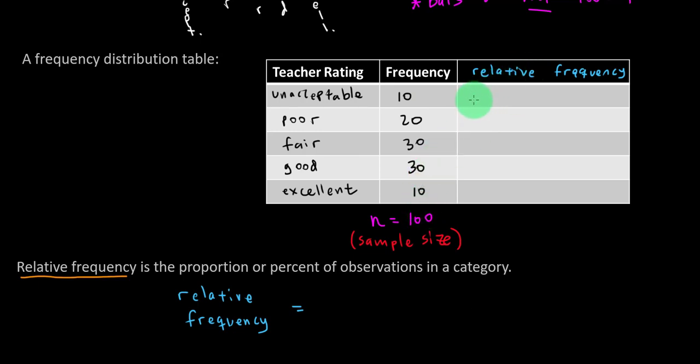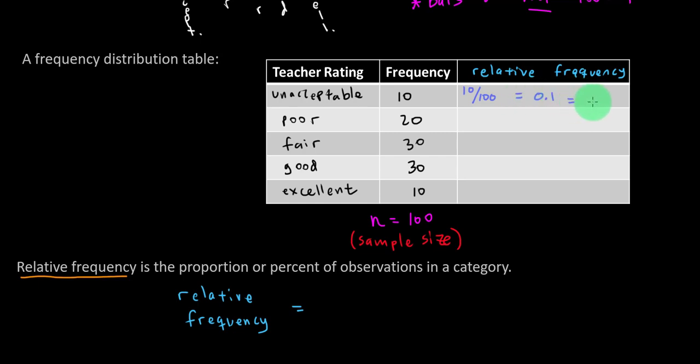The relative frequency, therefore, for the unacceptable category would be, you can write this in all sorts of ways. I'll start with 10 out of 100. If you prefer a decimal, that would be 0.1. That's the same number, equals.